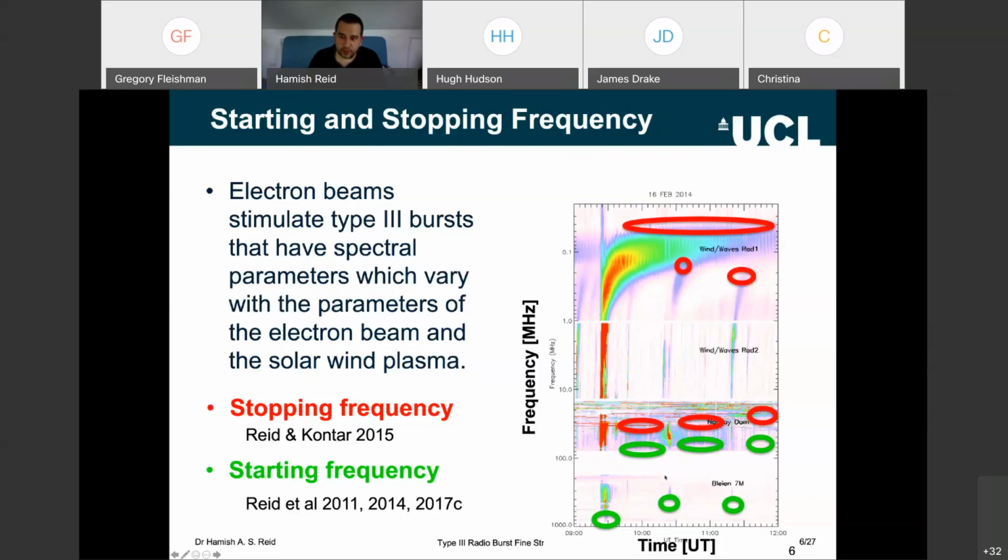I think there's two components. One, there can be a relation to the density turbulence in there, but in this case, the majority is a sensitivity thing. The decameter array is not very sensitive at these lower frequencies, and also the sensitivity of the Wind waves.